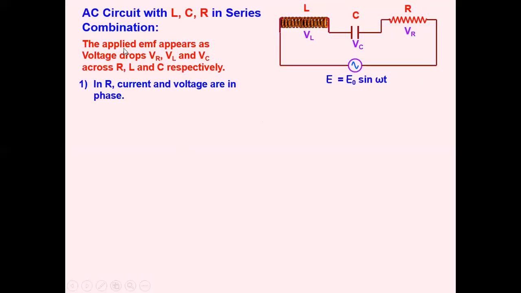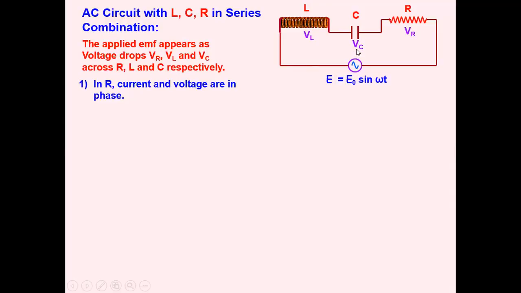The applied EMF appears as a voltage drop across each of the circuit elements like resistor, capacitor, and inductor. The voltage across the resistor appears as VR, R being the subscript, and VR equals minus IR, according to Ohm's law.